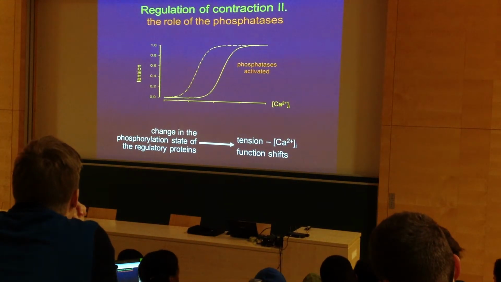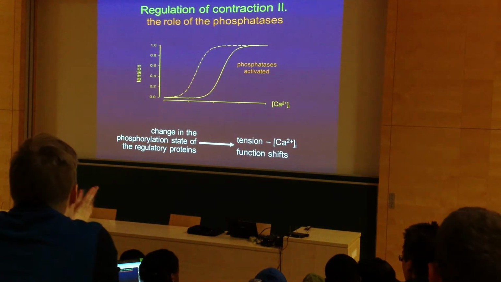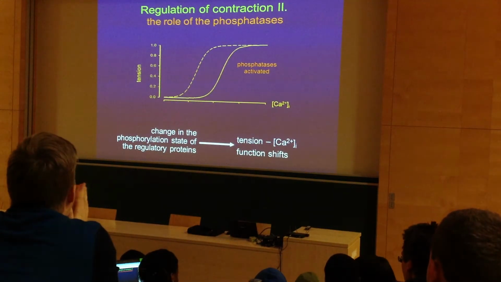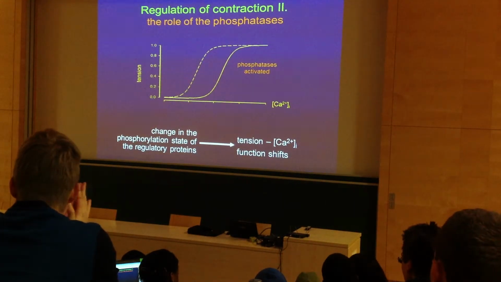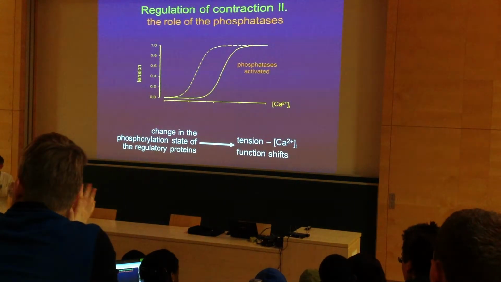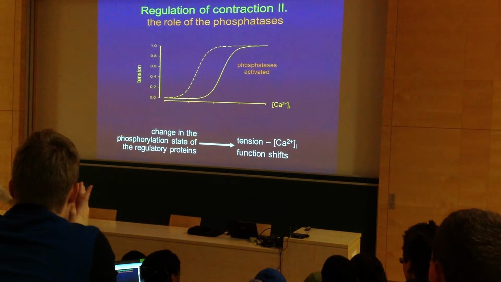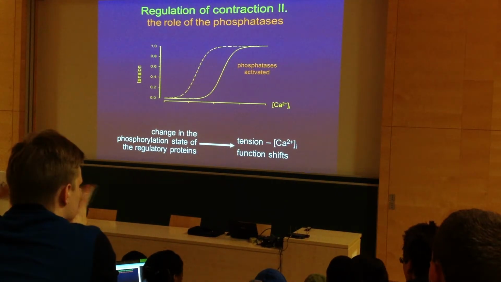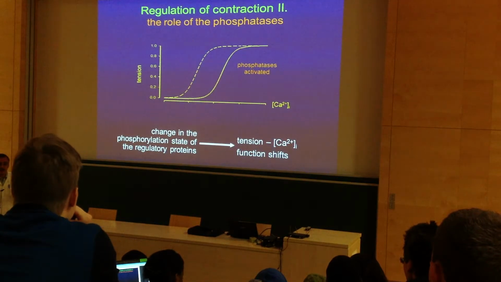That is the presence of phosphatases. As I have said, the possibility of a myosin head to attach to actin and therefore produce force depends on its phosphorylation state. So in skeletal muscle, contraction is brought about by changes in calcium concentration.